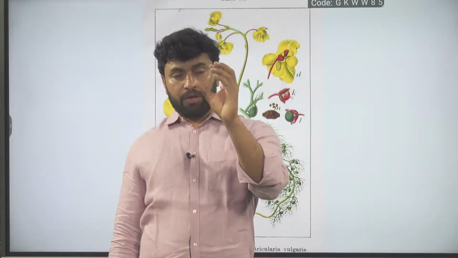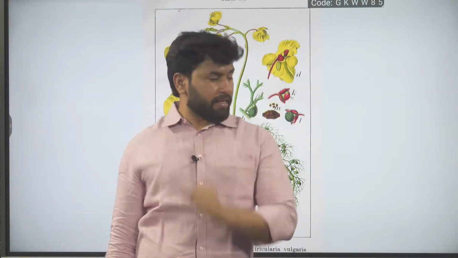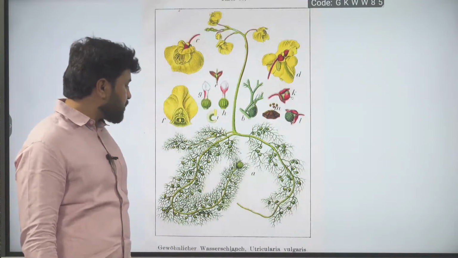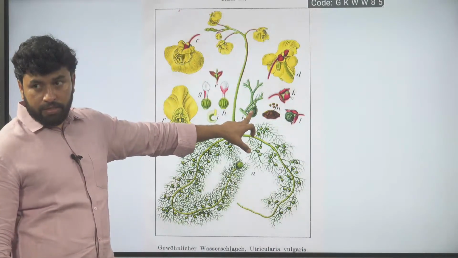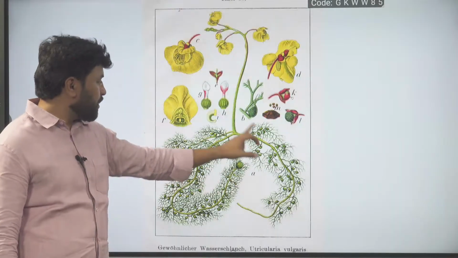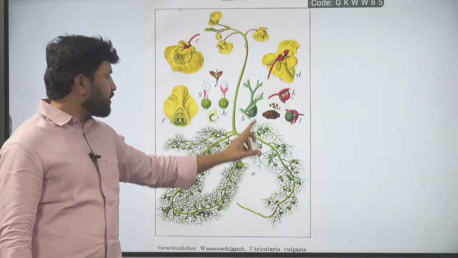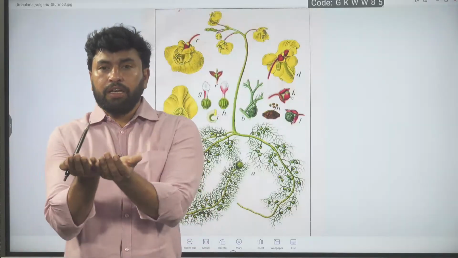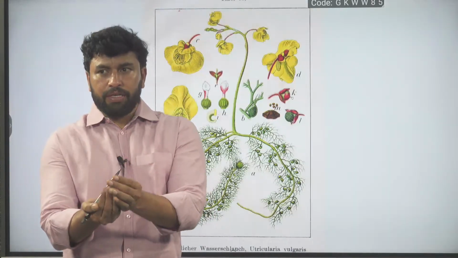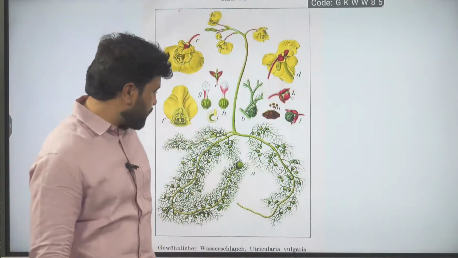It has some small cage-like structures. These cage-like structures are called bladders. They are developed on the stem. Finally, these bladders are nothing but a modification of leaves. The leaf is modified in such a way that it is able to catch insects.